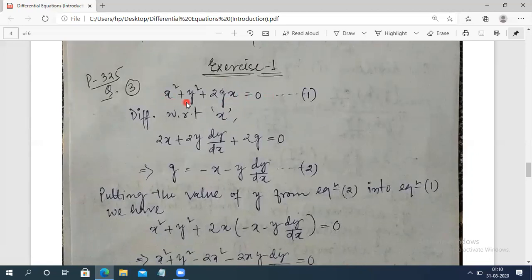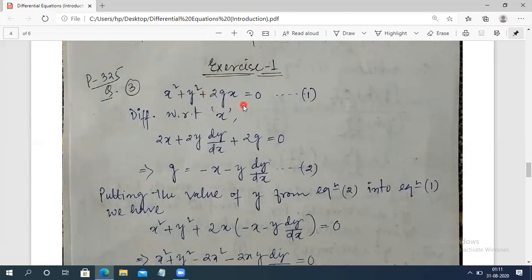So this is the solution. You have to find the differential equation of the system of circles which touch the y-axis at the origin, whose equation is x square plus y square plus 2gx equal to 0.